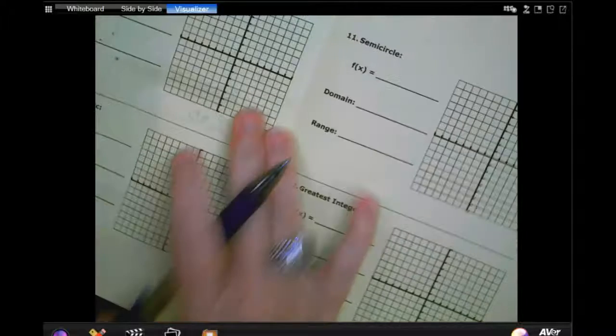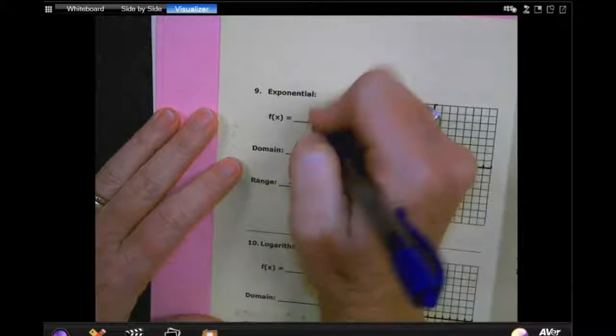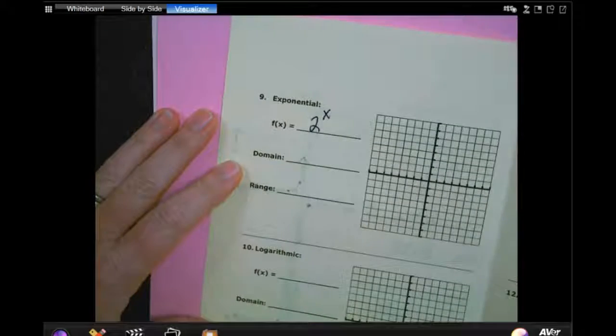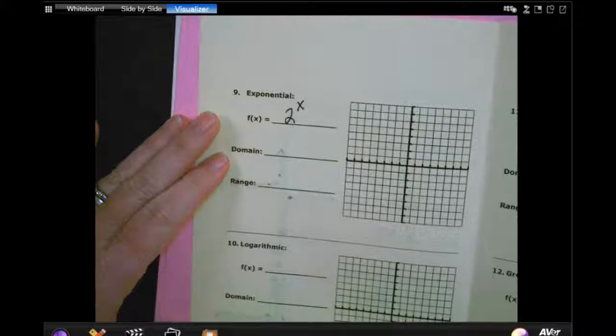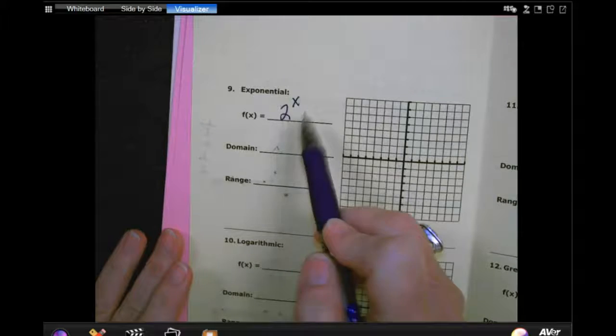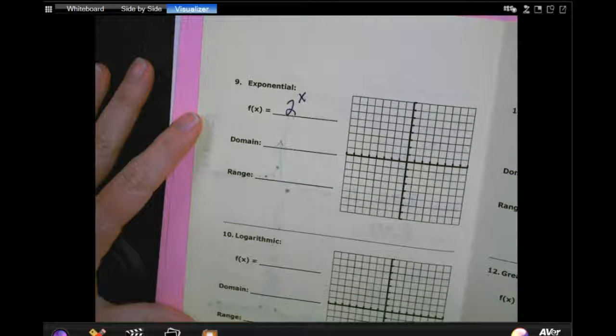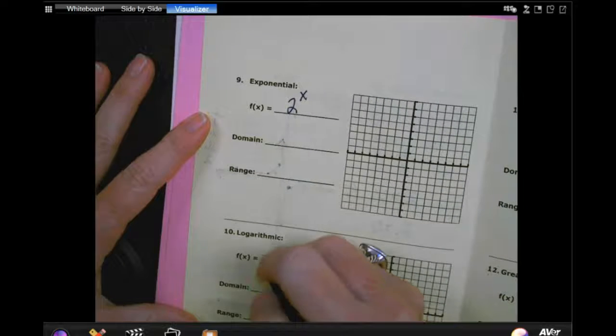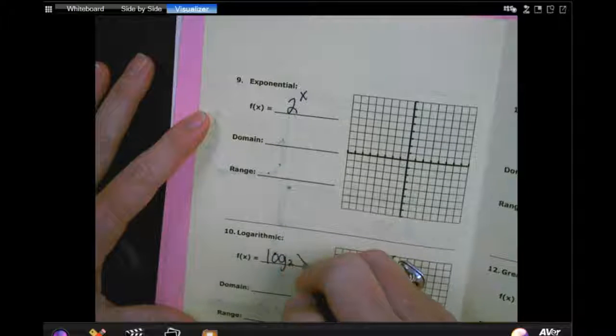Okay. On the exponential, when we do the exponential there's a number here, and it can be 2 to the x, 3 to the x, 10 to the x, it doesn't matter. I'm just going to use 2. Because then for the log, we're also going to use 2.